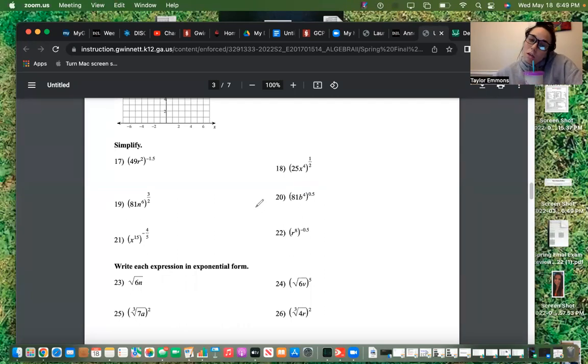So 81 raised to the 1/2 power and b to the 4th, and we're going to multiply that by 1/2. What's 4 times 1/2? That's going to give me 2. And 81 raised to the 1/2 power is the same thing as the square root of 81, which is just going to give us 9. Boom.